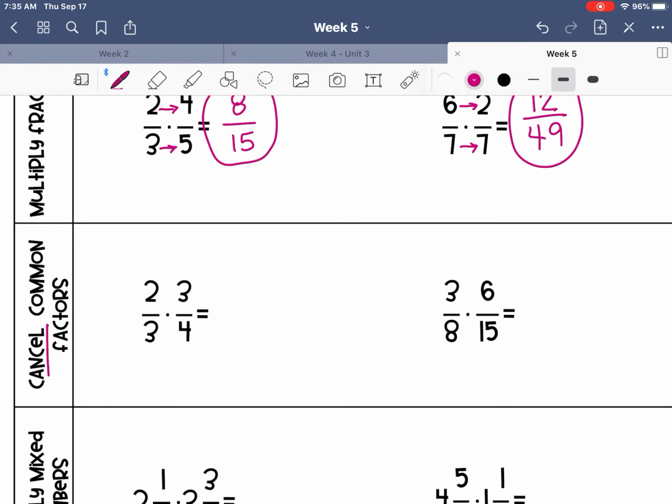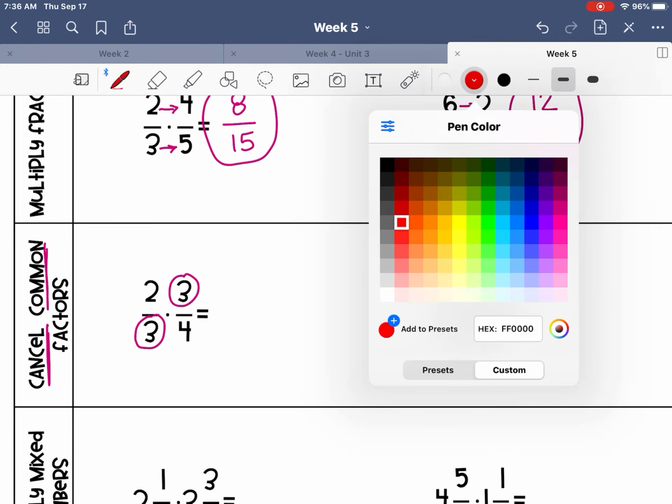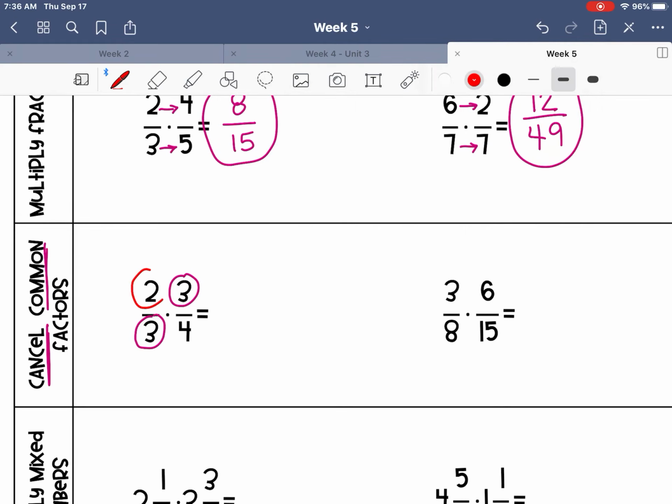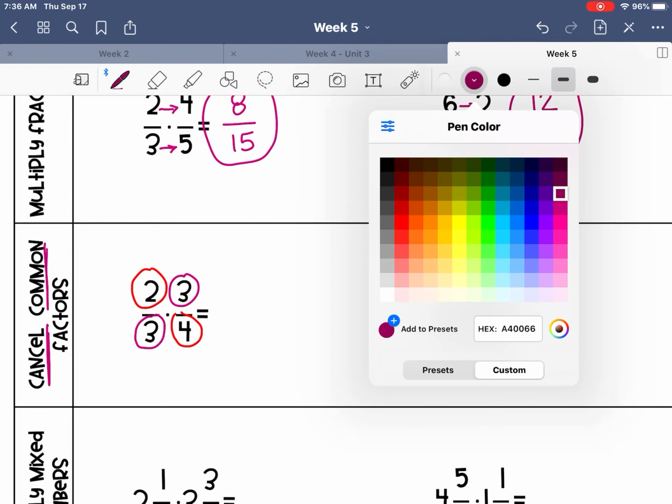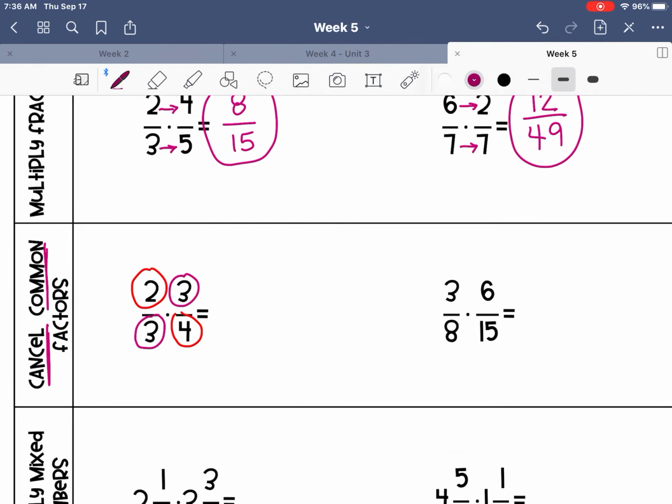I call it cross-canceling. You cancel out common factors. So look at this problem. 2/3 times 3/4. Write it down. If I look at the cross products, they are 3 and 3, and 2 and 4. Well, 3 and 3 are the same number.